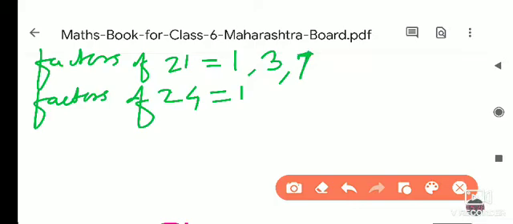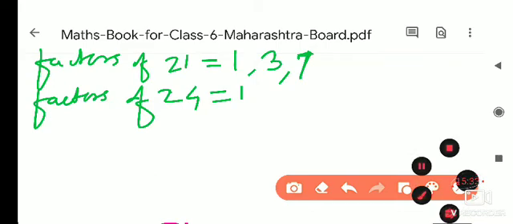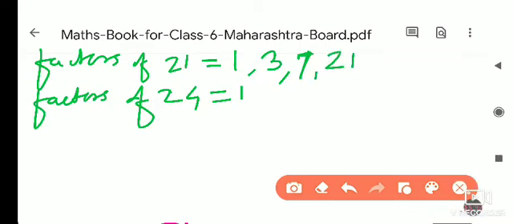Afterwards, if you see the tables, you will find that 21 is present only in its own table. Now we will find the factors of 24. This number is divisible by 2 because the unit place is 4. It is also divisible by 3 because 2 plus 4 is 6, and 6 is divisible by 3. 3 8s are 24.